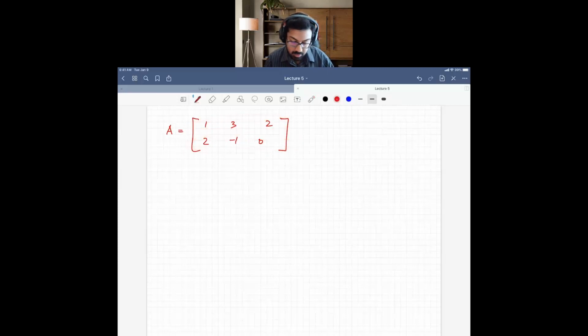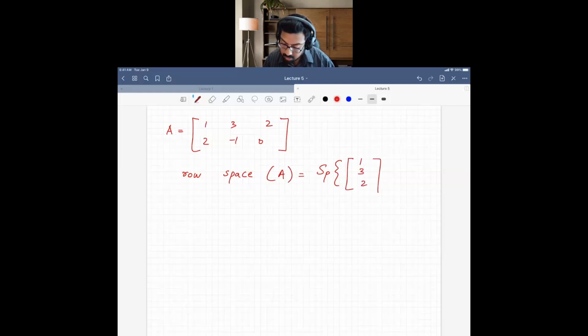So that's my rows. The row space of A is essentially going to be the span of my rows, first row and second row. So the row space over here is going to be the span.